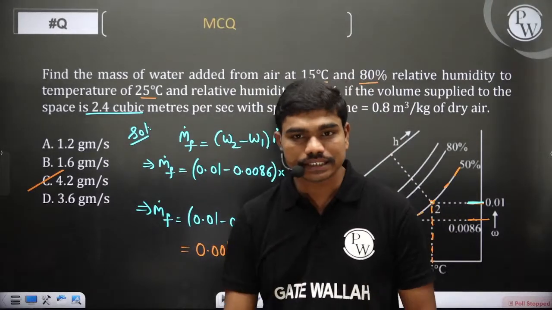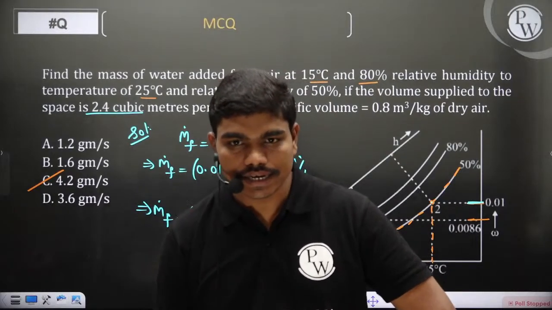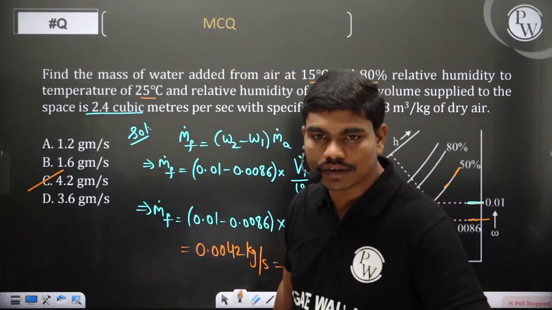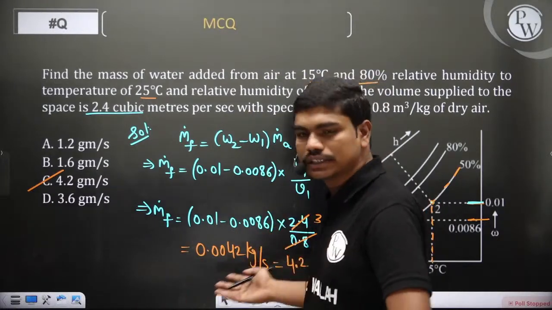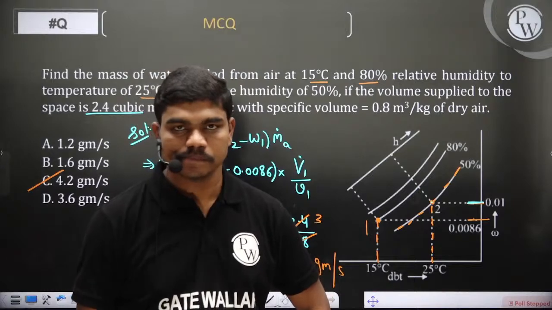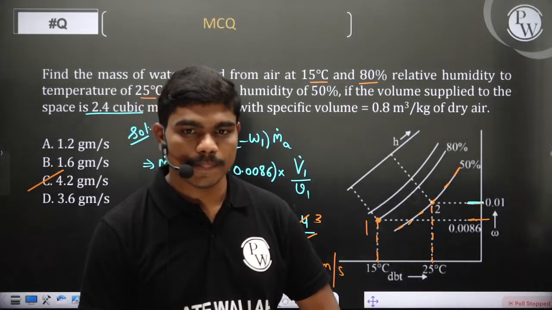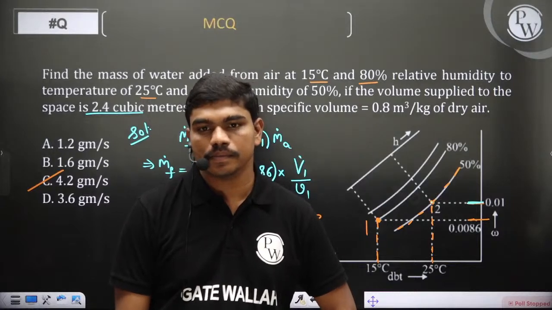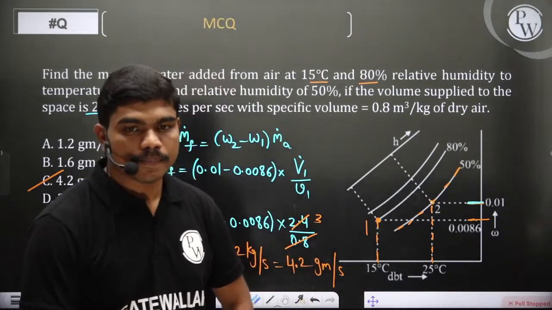You're getting 3.6. Why 3.6, guys? Any calculation mistake that we have done? Yeah, 4.2 grams is correct, I guess. It's a simple calculation, nothing to worry much about.